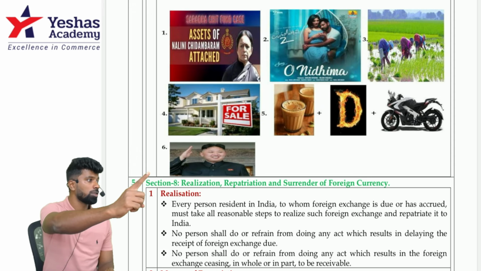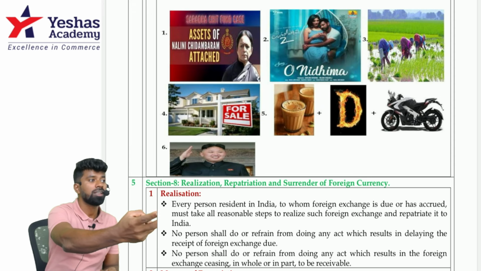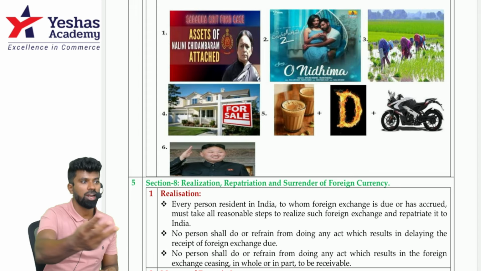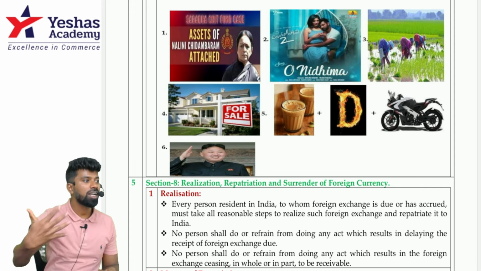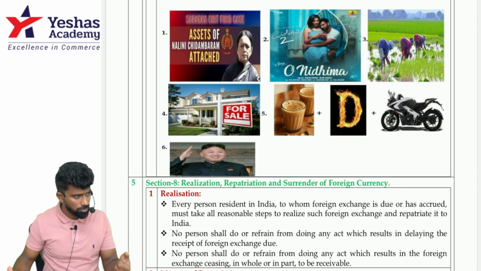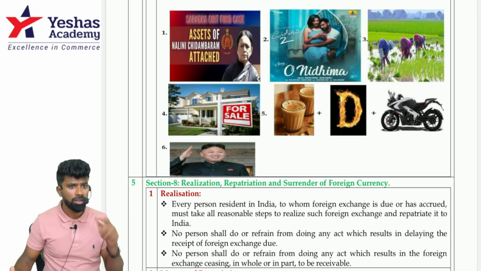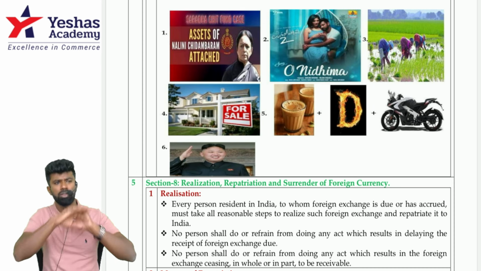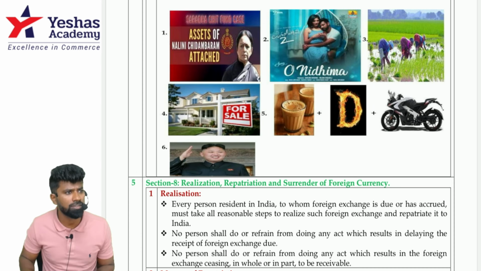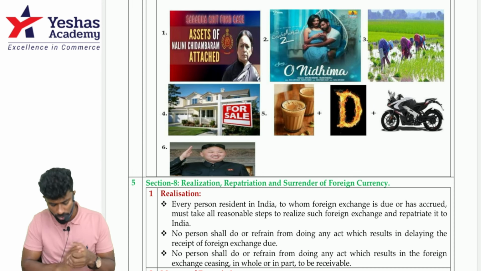Tell me those: first, chit fund. Second, Nidhi. Third, agricultural plantations. Fourth, real estate. Fifth, TDRs. Sixth, transactions with North Korea. Prohibited. Are we clear with this?